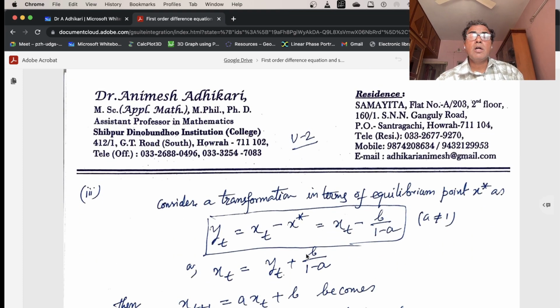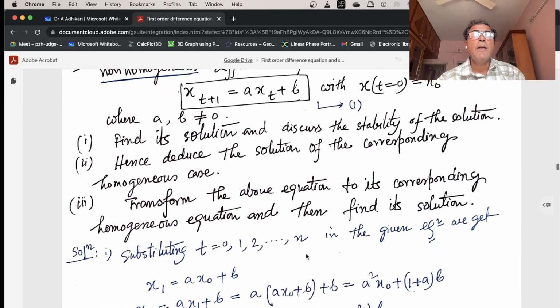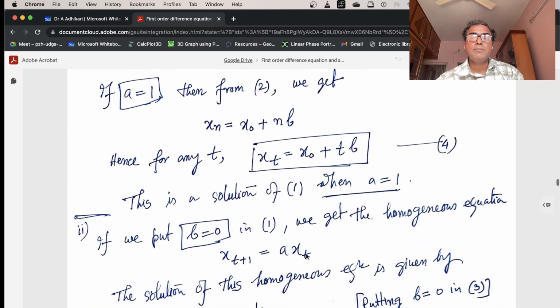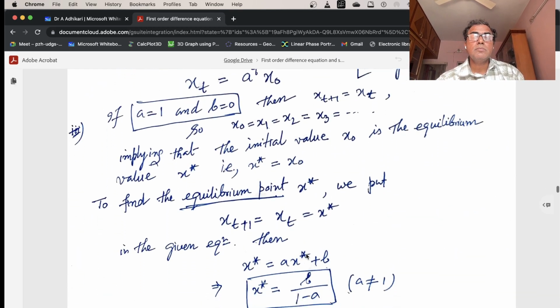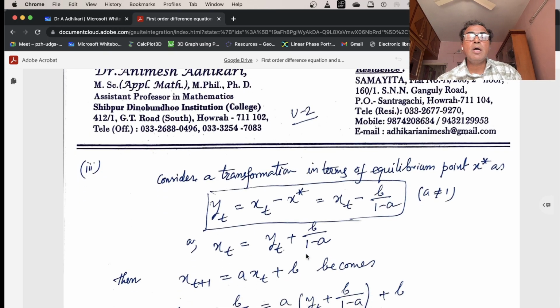Now we transform this non-homogeneous equation, x_{t+1} = a x_t + b, into the corresponding homogeneous equation. For this, we put a new variable y_t equal to x_t minus x star, where x star is the equilibrium point of the system, that is, x_t minus b by 1 minus a, with a not equal to 1.